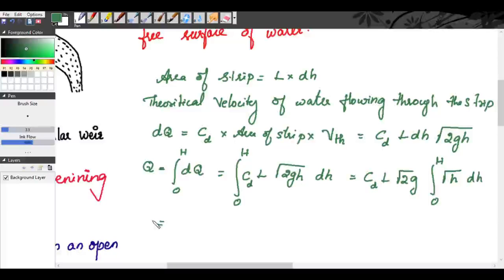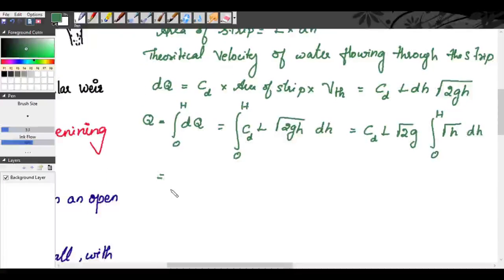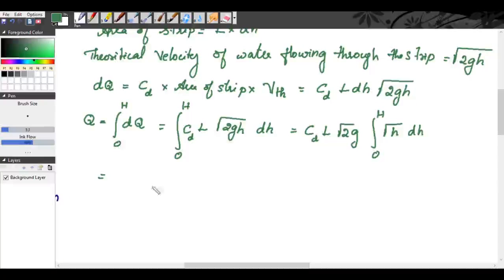So we get CD into L into root of 2g into h raised to 1 by 2.